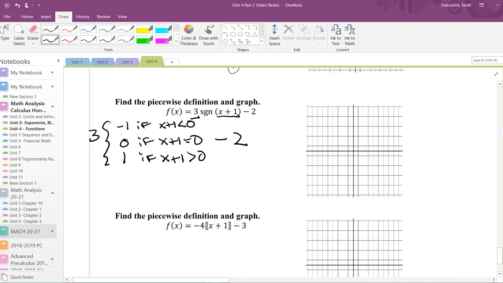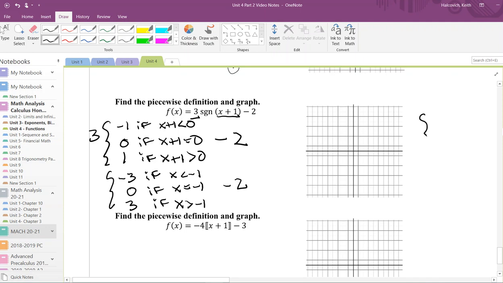So then if I multiply all these by 3, I get negative 3, and if I simplify this, x is less than negative 1. It's going to be 0 if x is equal to negative 1. And it's going to be 3 if x is greater than negative 1. And then I have to subtract 2.